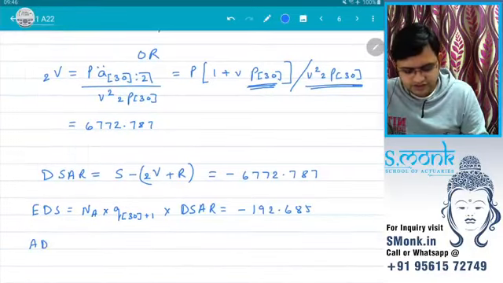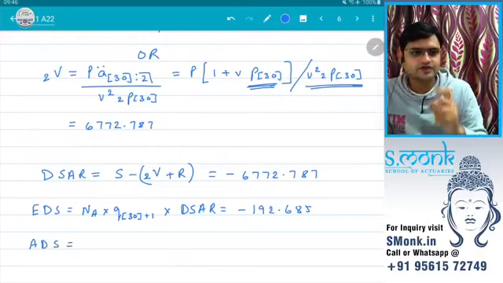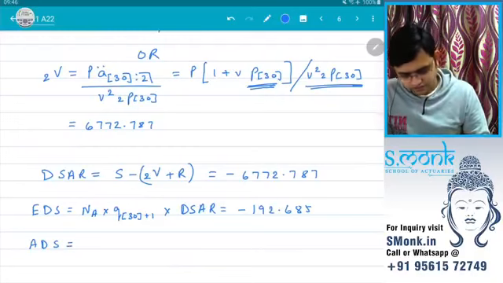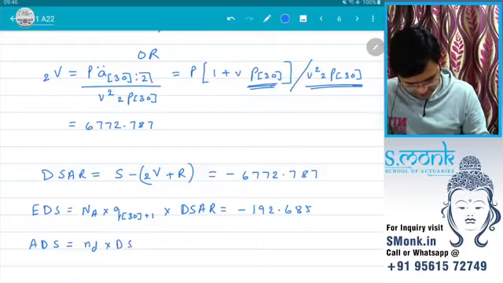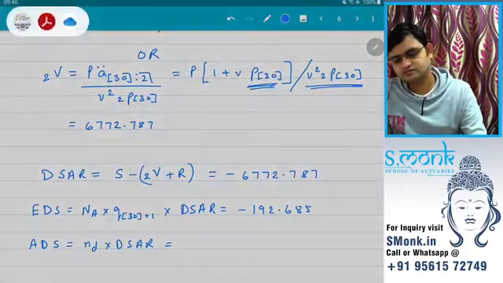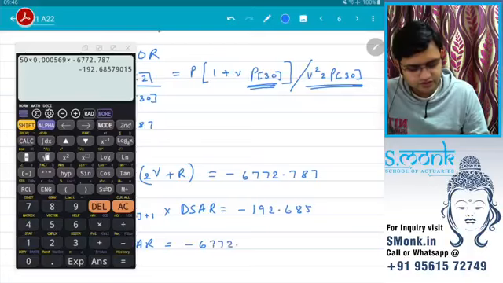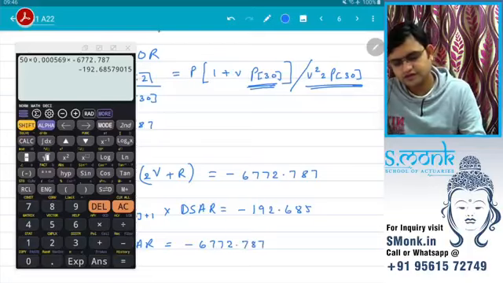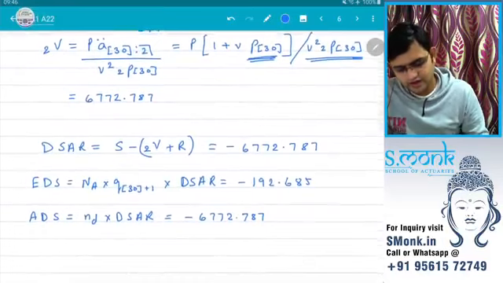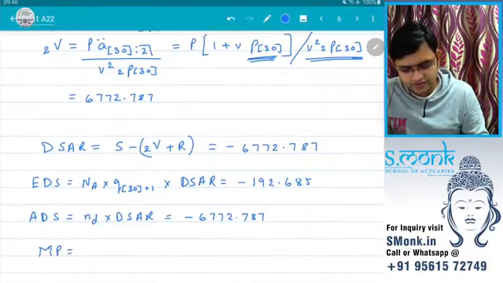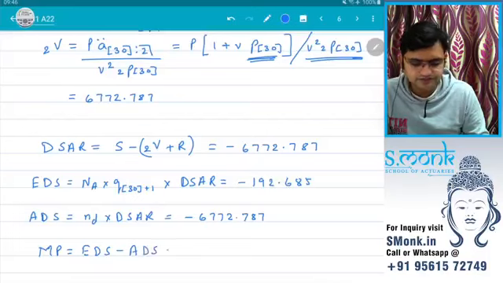What is the actual death strain? We are saying one person died within that year, so ND into DSAR. So actual death strain is 6772.787, and mortality profit is expected death strain minus actual death strain.